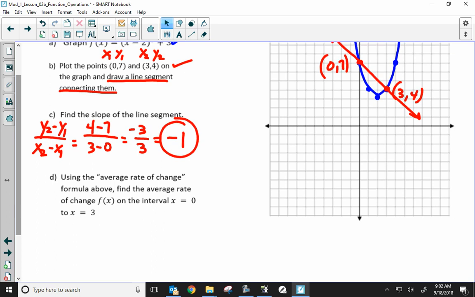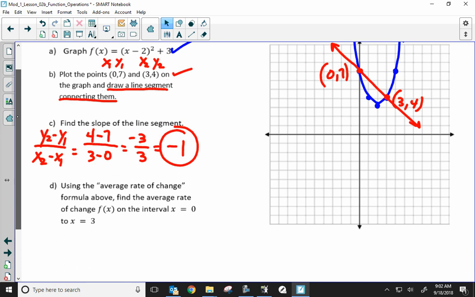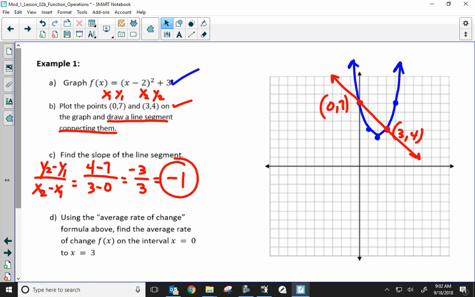Now they want us, using the average rate of change formula from above, from the previous slide, to find the average rate of change of our f of x function. That's what we drew in blue here. Okay, they want us to find the average rate of change of this bad boy. Okay, that's our parabola.